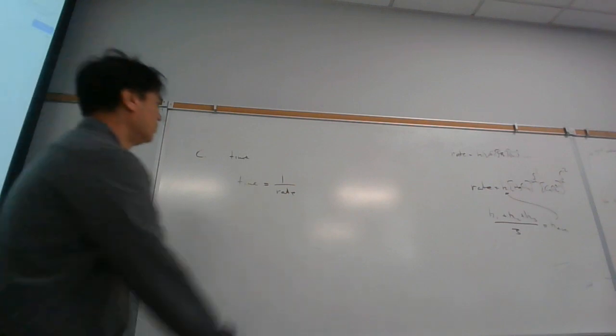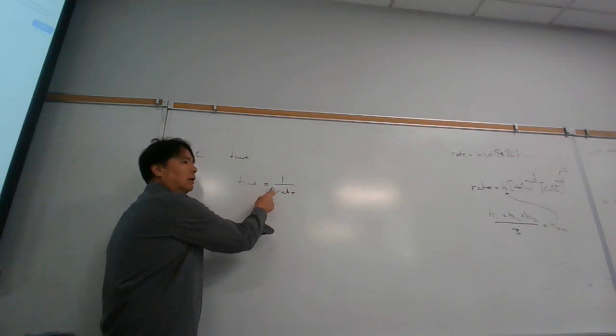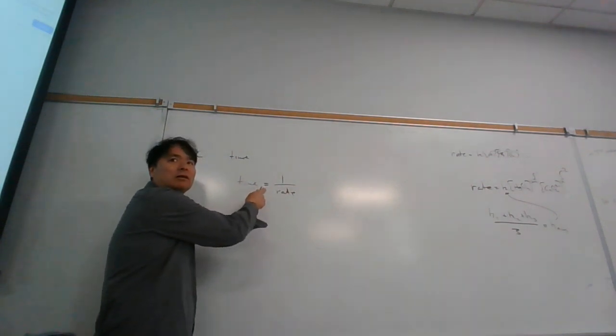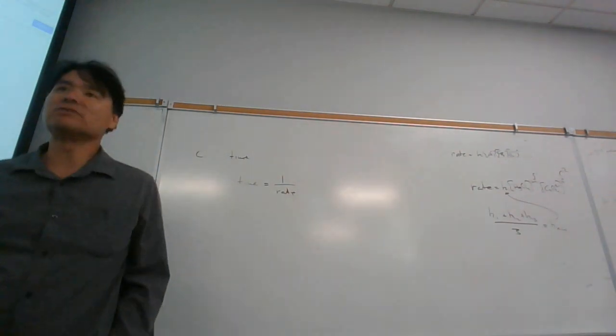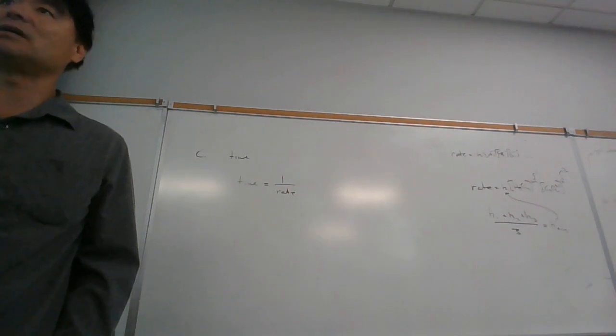If the rate doubled, then it would have taken half as long. So run 2 should have taken half as long to get to the same point, let's say 90% reaction, as run 1 did.